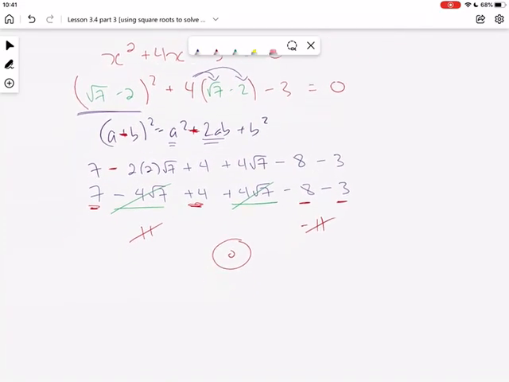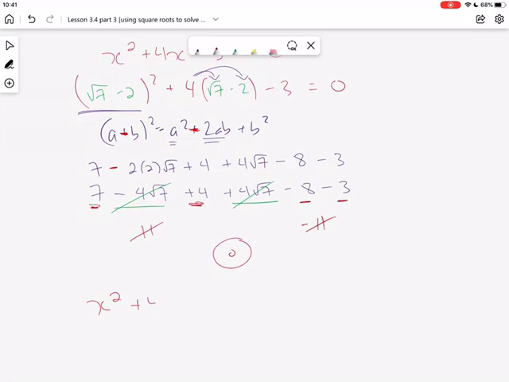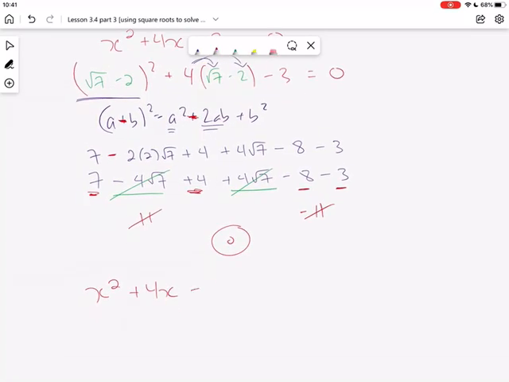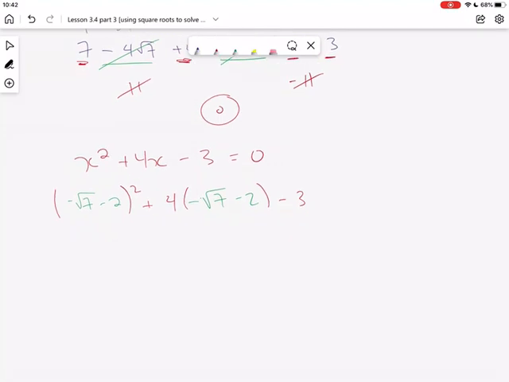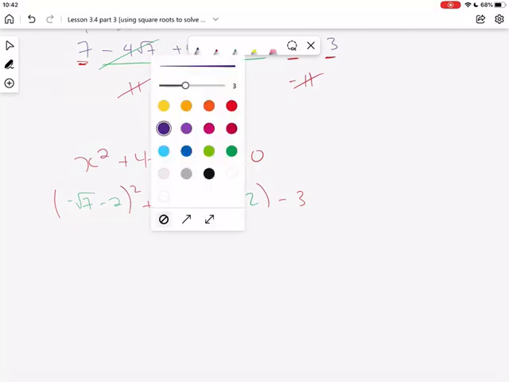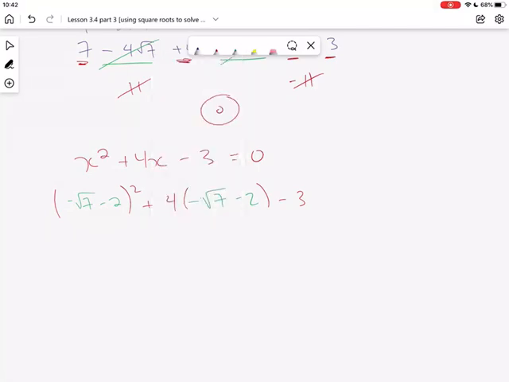Negative root 7 minus 2, we can verify that as well. Make sure that that one's okay. So we have x squared plus 4x minus 3. Okay, let's throw that in there. It's going to look just the same, but it will have a negative in front. So I'm going to have this all squared plus 4 times this, and then minus 3. Okay. Again, same idea. A plus b all squared is a squared plus 2ab plus b squared. So if we keep that in mind for this guy, we're going to have negative root 7 squared, which will actually just become positive 7.